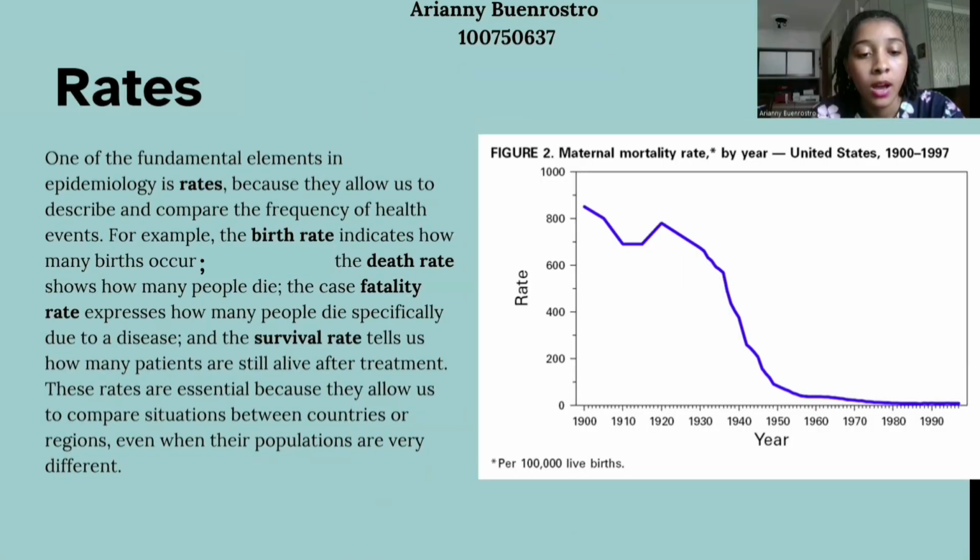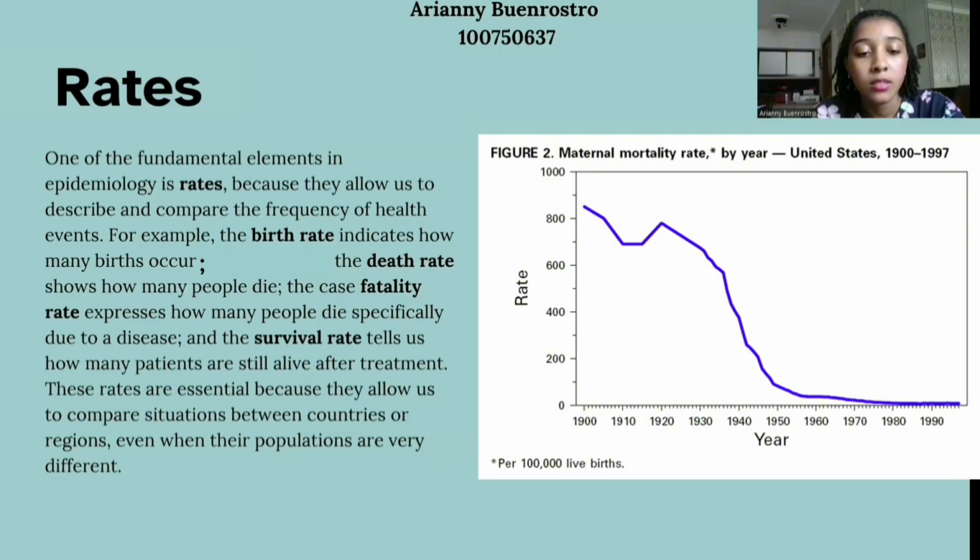Rates. One of the fundamental elements in epidemiology is rates, because they allow us to describe and compare the frequency of health events. For example, the birth rate indicates how many births occur. The death rate shows how many people die. The case fatality rate expresses how many people die specifically due to a disease.